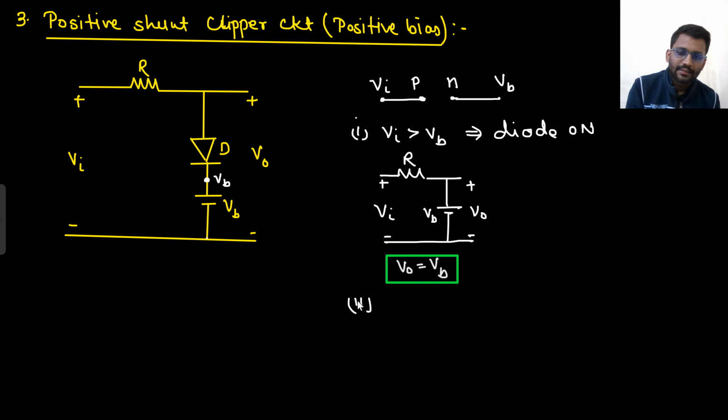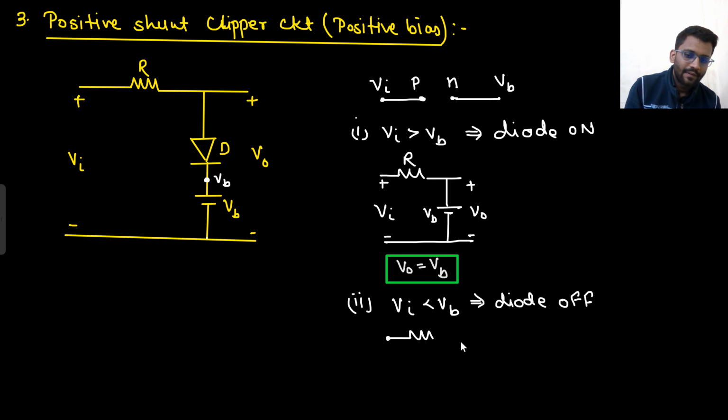Let's see the second condition, when V in is less than VB. When V in is less than VB, that means N potential is higher, diode will be off. So tell me, what will be the value of output? This is V in.